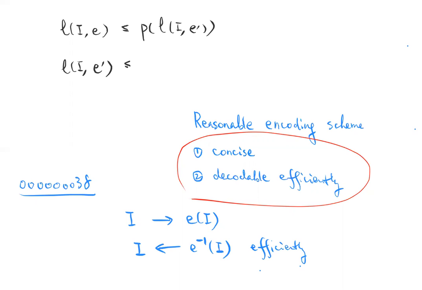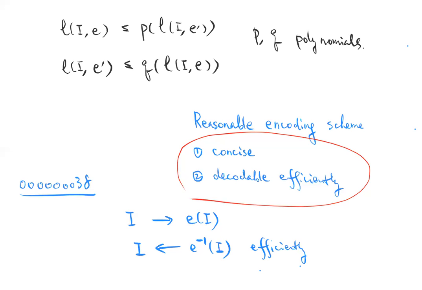Here is another polynomial, P and Q. So the actual length can be different, but the difference will be bounded by a polynomial. All right. So everything will be bounded by a polynomial.